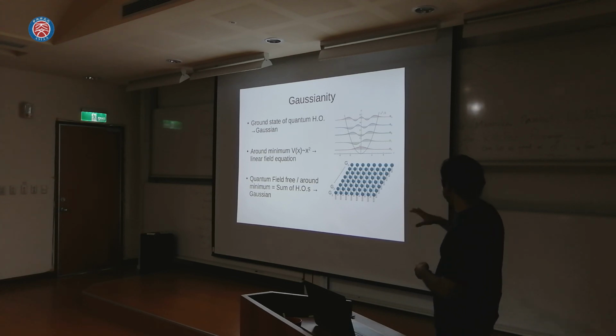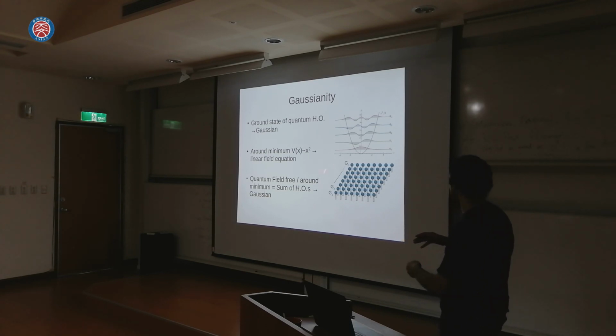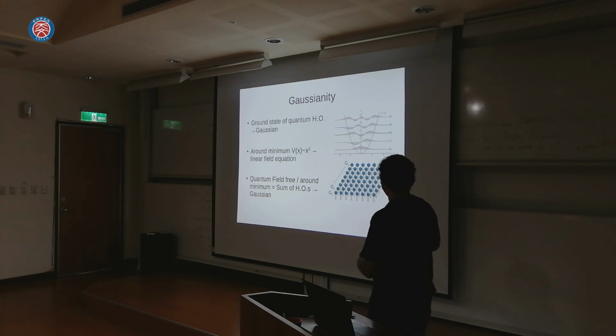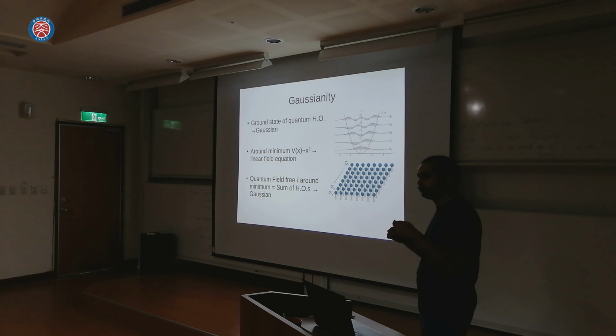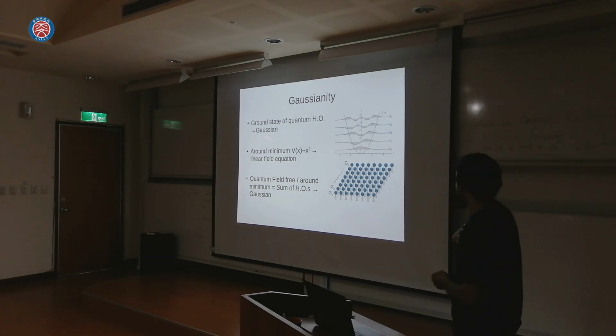So if these are all fluctuating in their ground state, each of these has an amplitude that is Gaussian distributed. And because the whole wave is just the sum of these independent Gaussian variables, the total distribution of the amplitude of the gravitational wave should itself be a Gaussian. So this just follows from statistics.